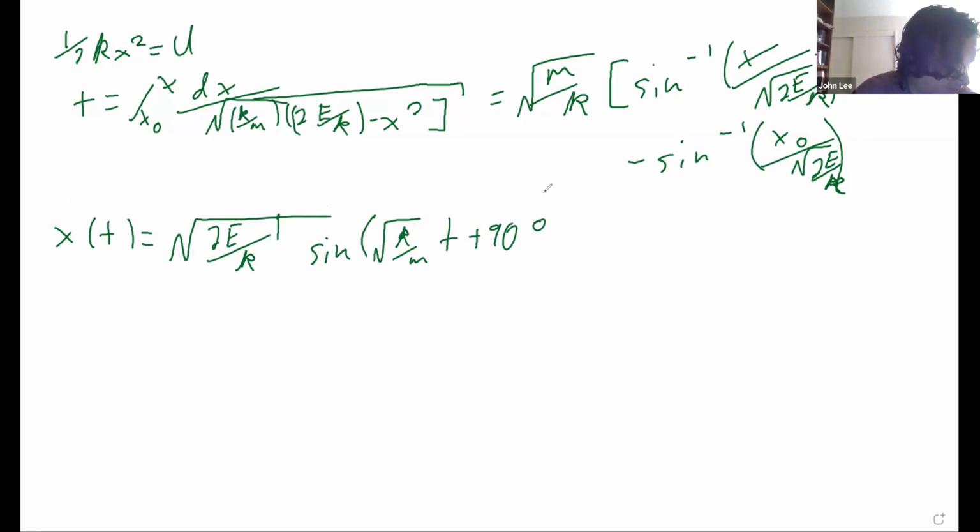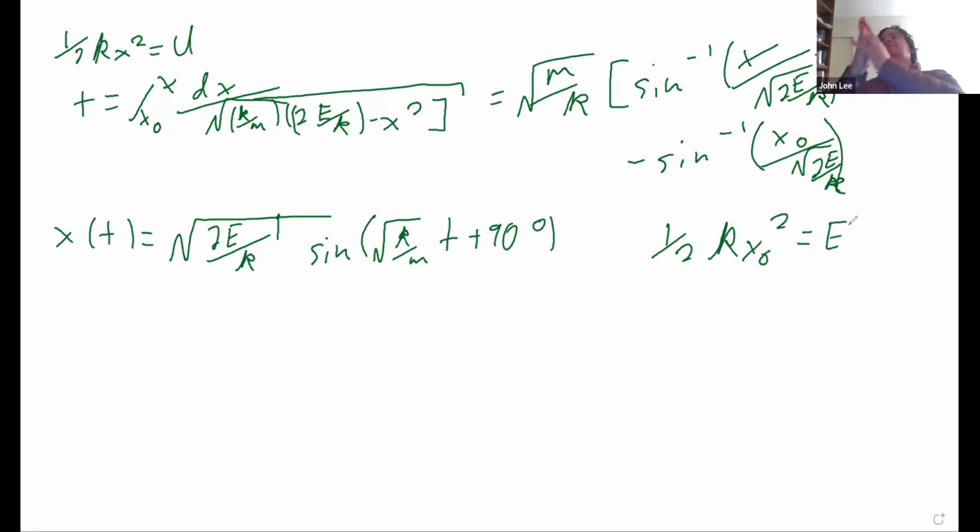because 1/2 k x naught squared equals E. If we're treating x naught as the farthest point away, then x naught over the square root of 2E over k is equal to 1.